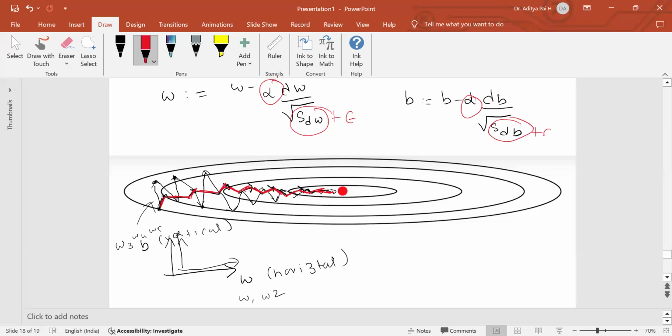This epsilon value is very small, a minute value added so that we do not face any divide by 0 problem. If it is a divide by 0, it becomes infinity and the computation will be wrong. So for that reason, we add a small epsilon to both sdw and sdb.